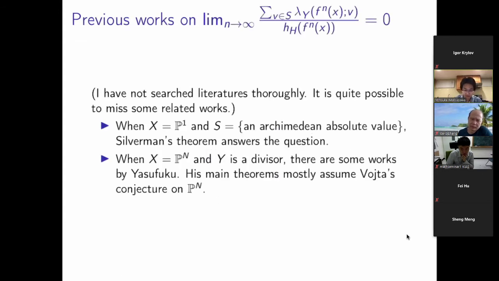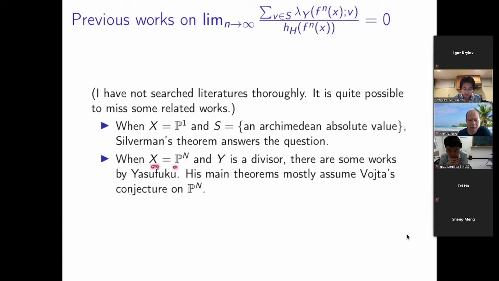Okay, so let me briefly mention the previous works on this kind of thing. Of course, the starting point was Silverman's theorem. So when X is P¹ and s is an Archimedean absolute value, the Silverman theorem answers the question fully in the local setting, the local question.